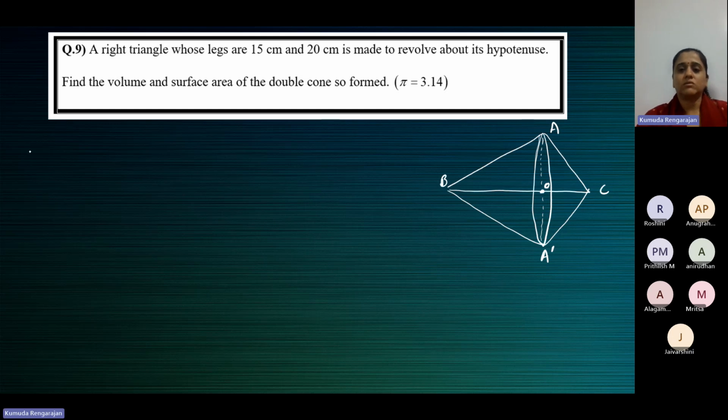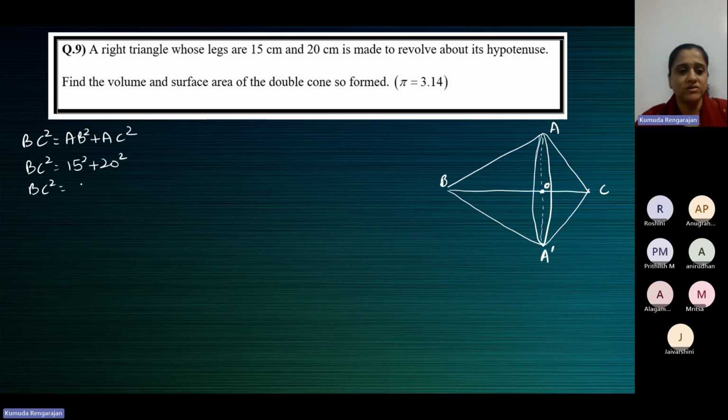All right. So what is BC by Pythagoras theorem? BC square is equal to AB square plus AC square. So BC square is equal to 15 square plus 20 square, which is 225 plus 400, 625. So BC is equal to 25 centimeters.